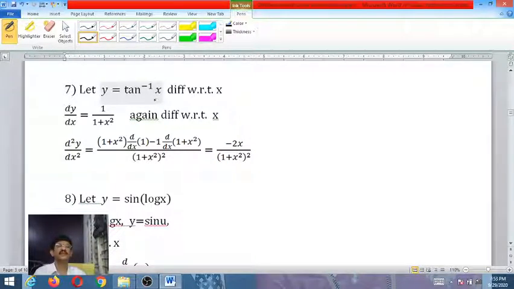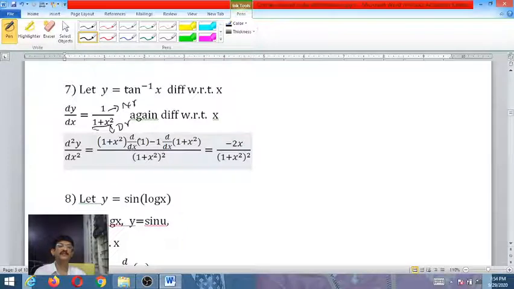Y equals tan inverse x. We all know that dy by dx is 1 by 1 plus x square, the derivative of tan inverse x. If you again differentiate with respect to x, we can use the quotient rule here, taking 1 as the numerator and 1 plus x square as the denominator. So denominator into derivative of numerator minus numerator into derivative of denominator.